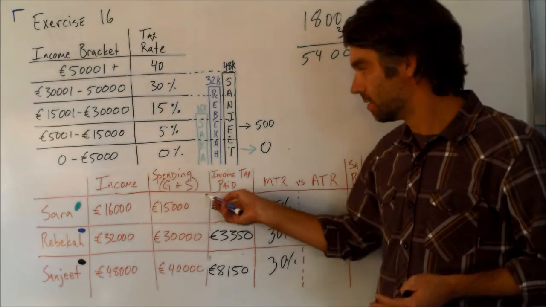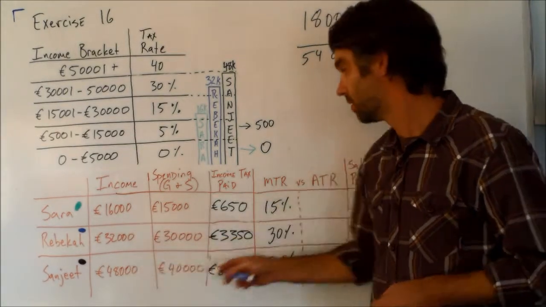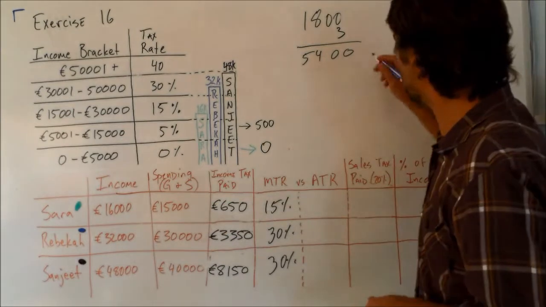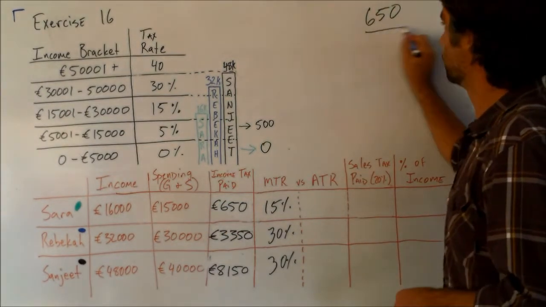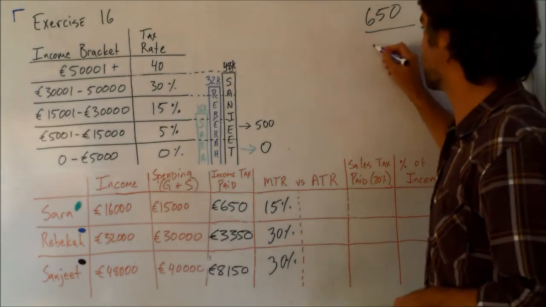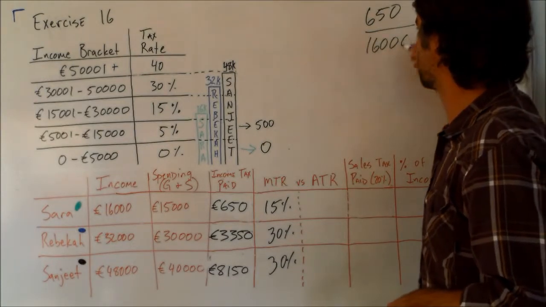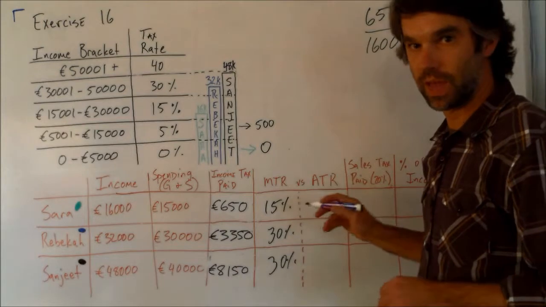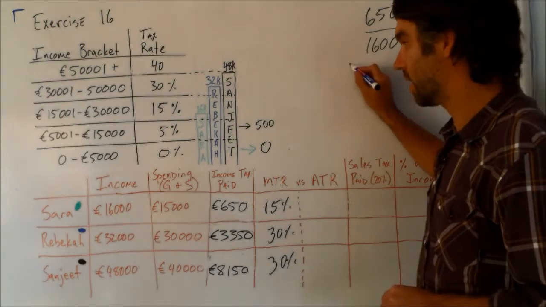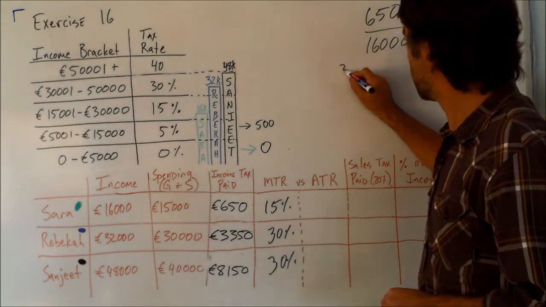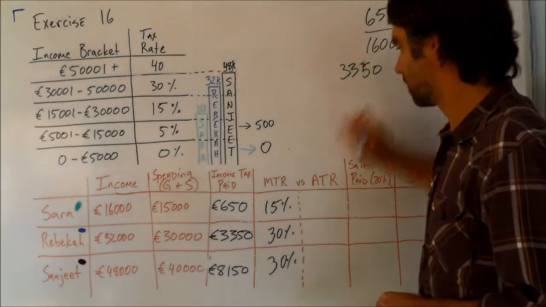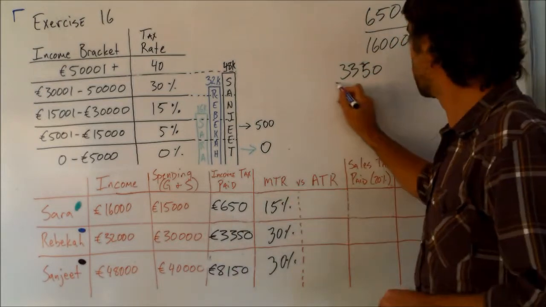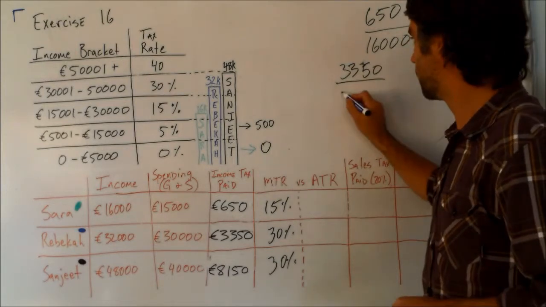For average tax rate, what we're going to do is take this number that we just calculated and divide it by this column over here. So for Sarah, we're going to say 650 divided by her income, which was 16,000. Okay, do the math on that real quick. For Rebecca, it's the tax she paid, $3,350, divided by her income, 32,000.